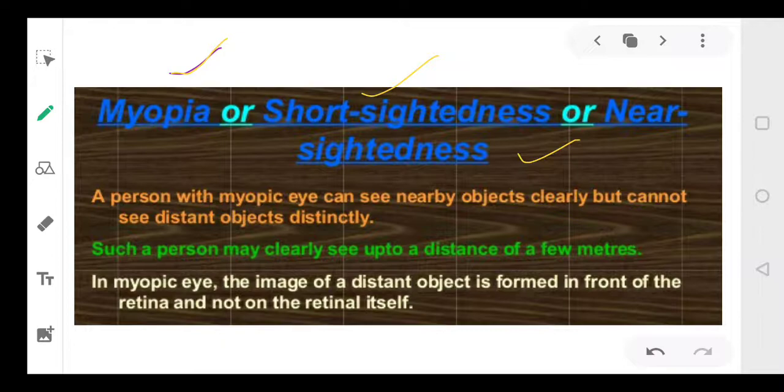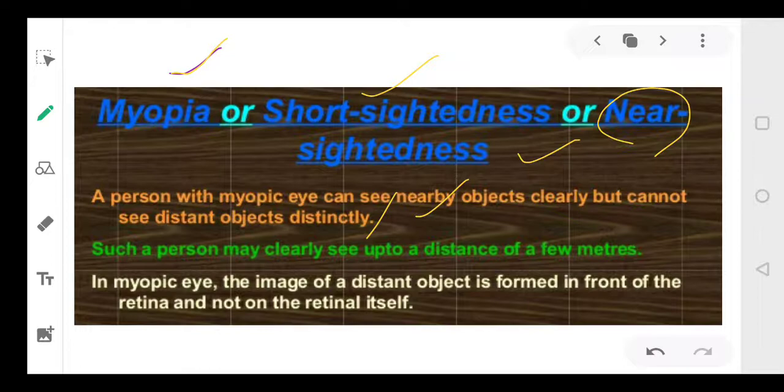Basically in this defect we can see nearby objects clearly but we cannot see far objects distinctly. हमें पास की चीज़ साफ नज़र आती है, दूर की चीज़ हमें धुंधली नज़र आती है.